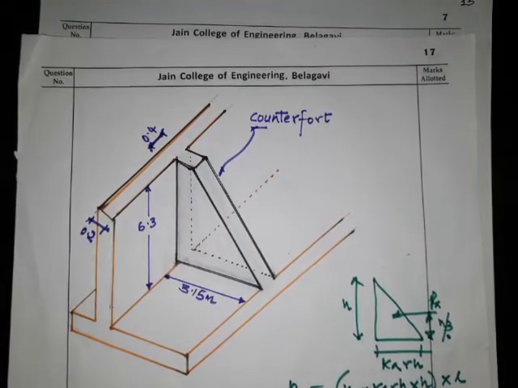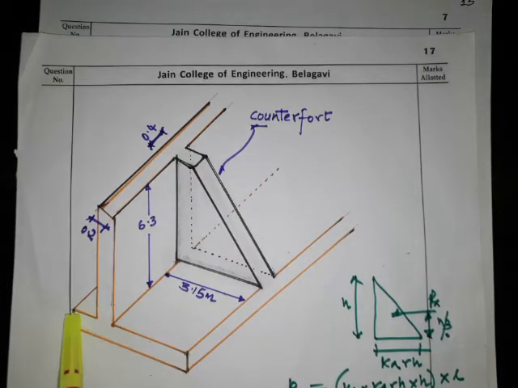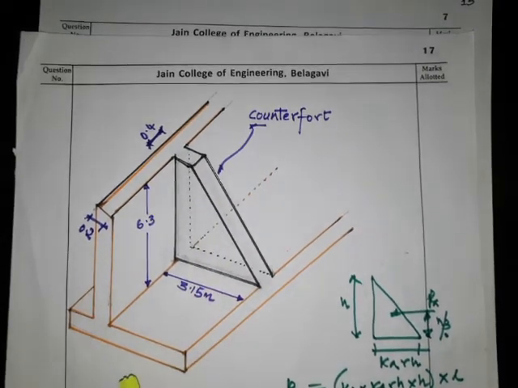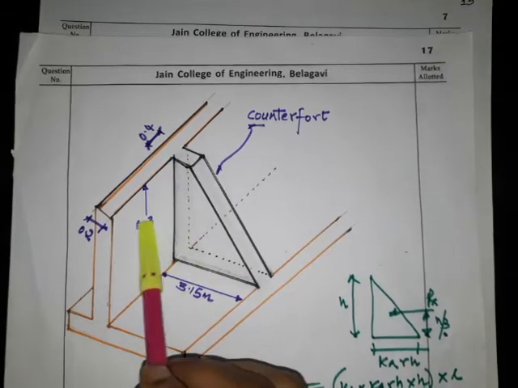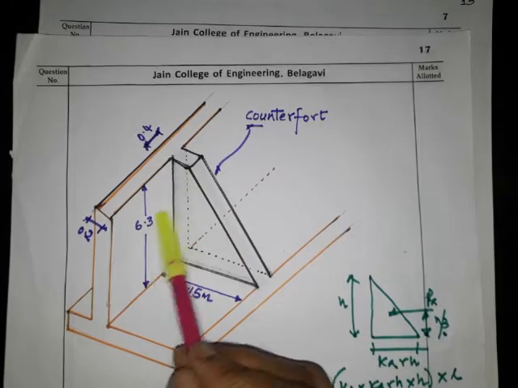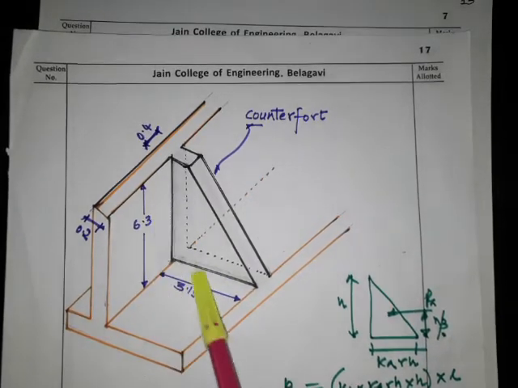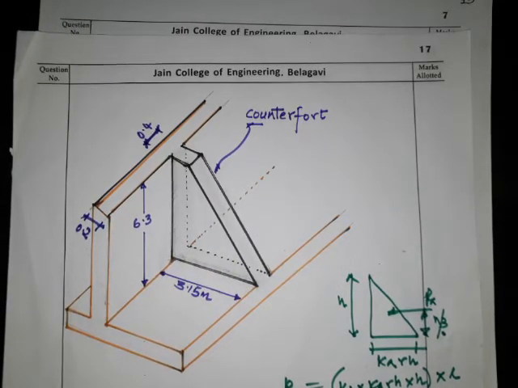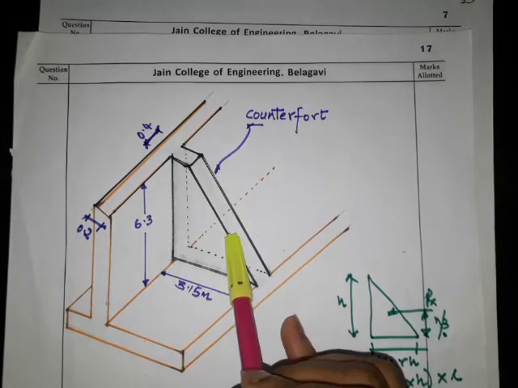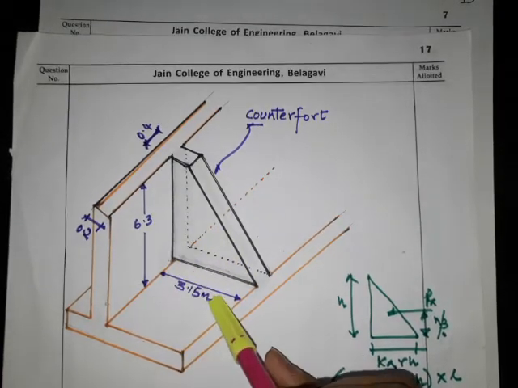So after completing the design of all the components, that is stem, toe slab, heel slab, and counterfort, one more important thing is the provision of connection between the counterfort and the connecting elements, because the counterfort is supporting both the stem and the heel slab.